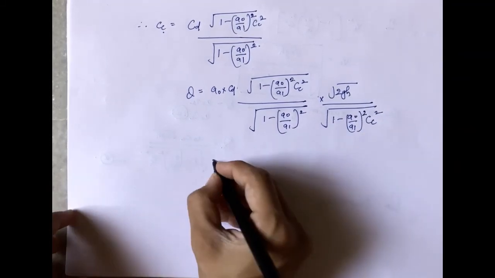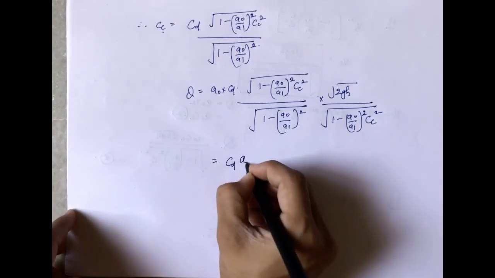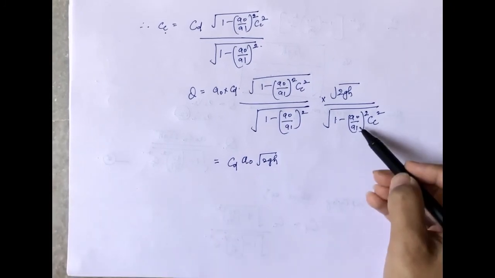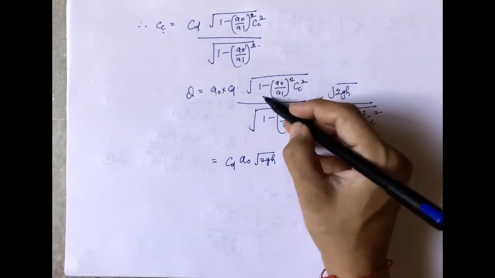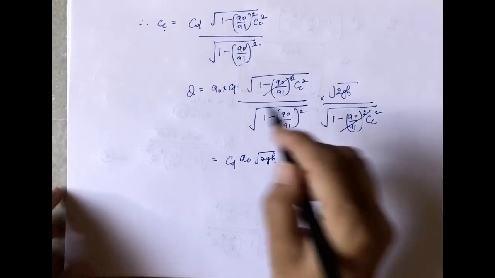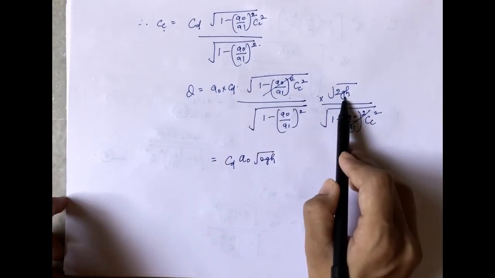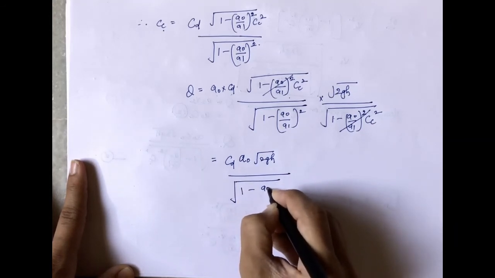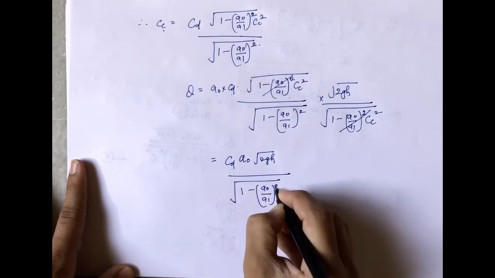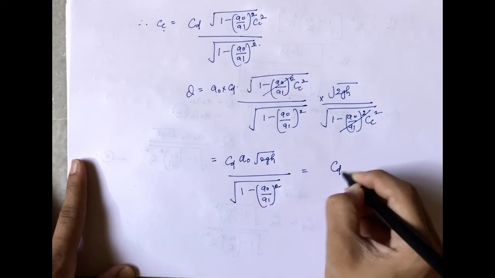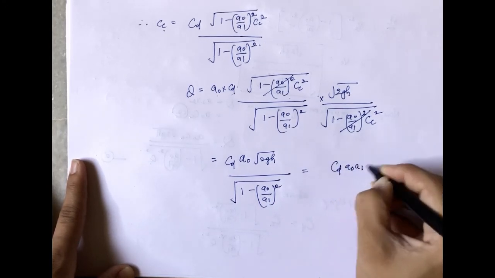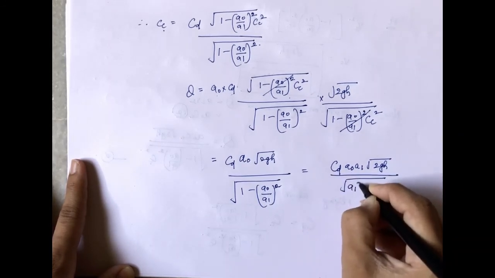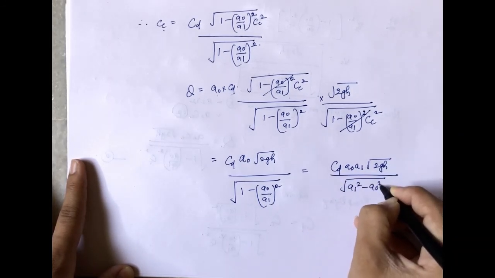So that would be equal to Cd A0 under root of 2gH, because these two terms will be cut out. So Cd A0 under root of 2gH upon under root of 1 minus A0 upon A1 whole square is equal to Cd A0 A1 under root of 2gH upon under root of A1 square minus A0 square.